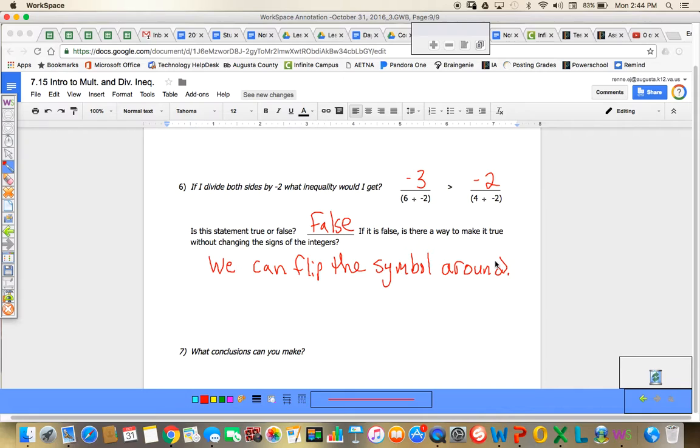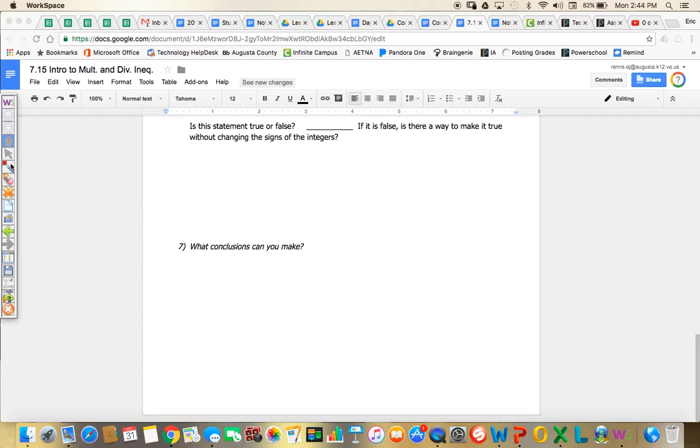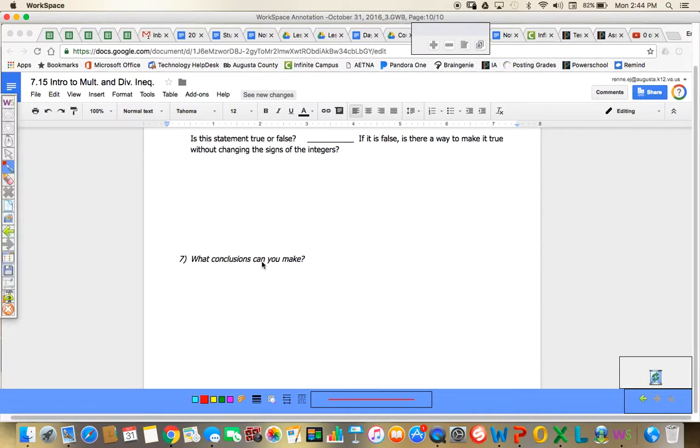Now, let's make a conclusion based on what we did on this paper. Can you think of when we flipped the symbol? Okay, we only flipped the symbol when we multiplied or divided both sides by a negative.